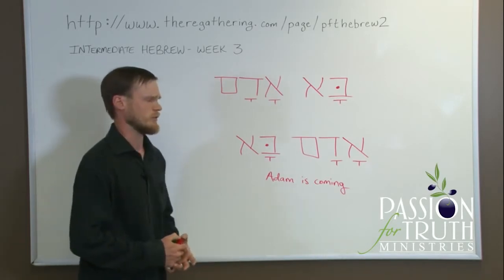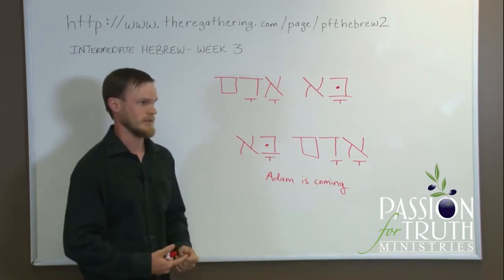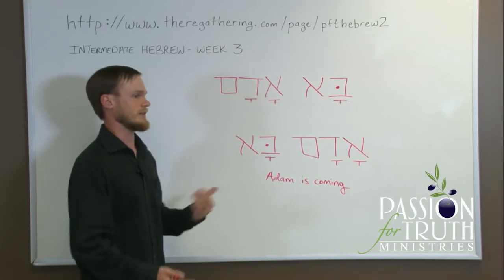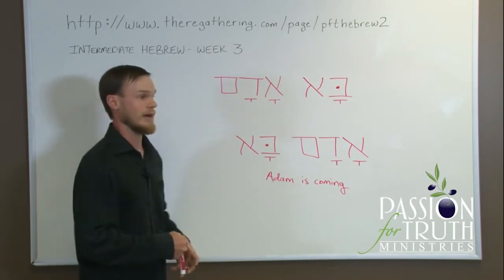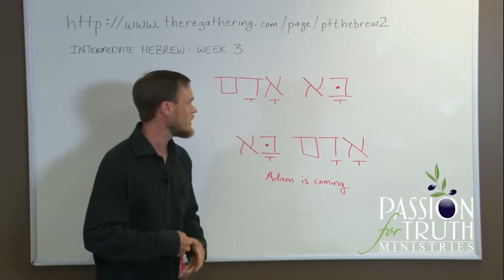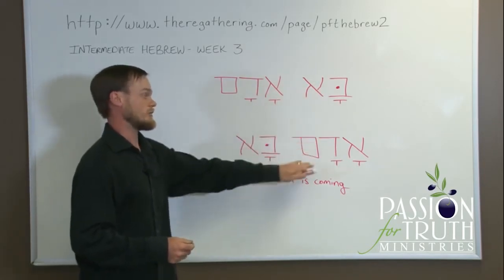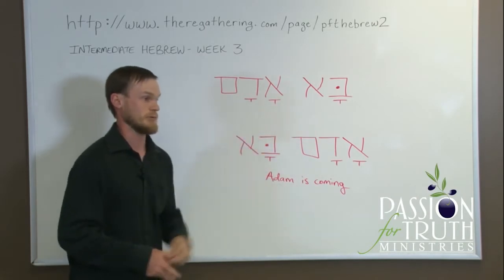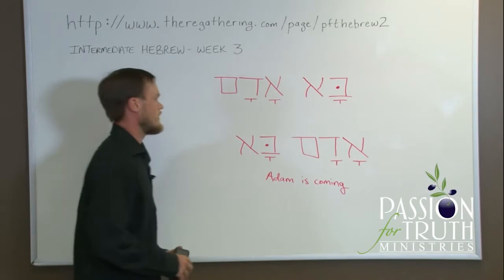Which one's the subject and which one's the object? In Hebrew, there's another indicator other than word order that tells you what the subject of a sentence is and what the object is. We'll get to that later when we start making more complicated sentences. But for now, do know that you'll see both of these forms, and they're both correct.